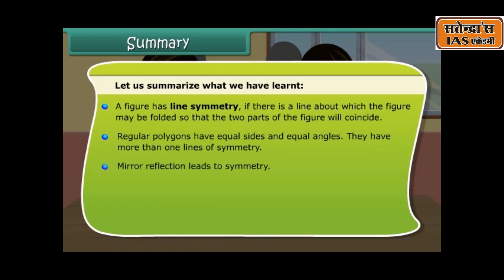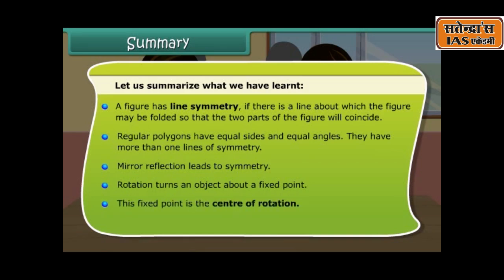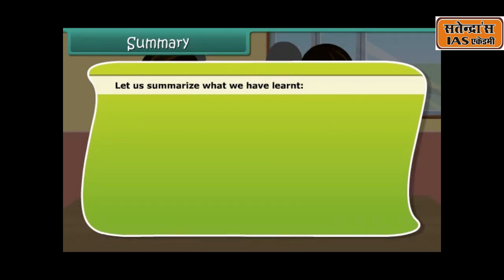Mirror reflection leads to symmetry. Rotation turns an object about a fixed point. This fixed point is the center of rotation. The angle by which the object rotates is the angle of rotation. A half turn means rotation by 180 degrees.